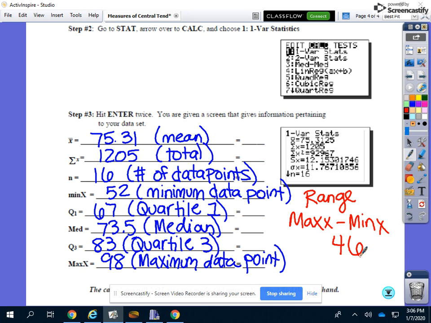Another data point that's not given to you on the calculator is called the interquartile range. That is quartile 3 minus quartile 1.